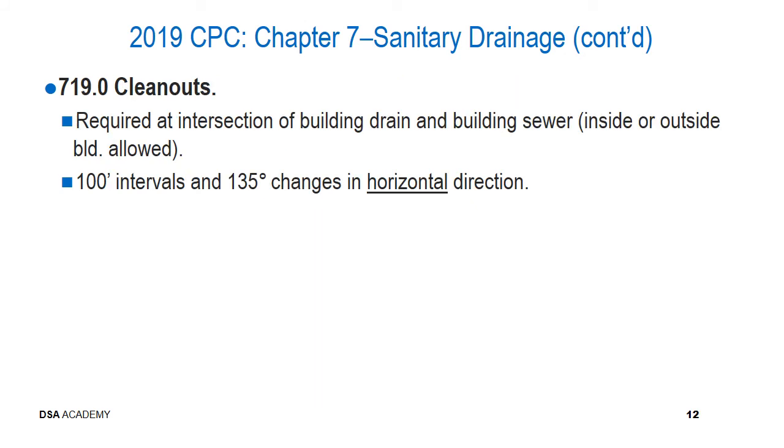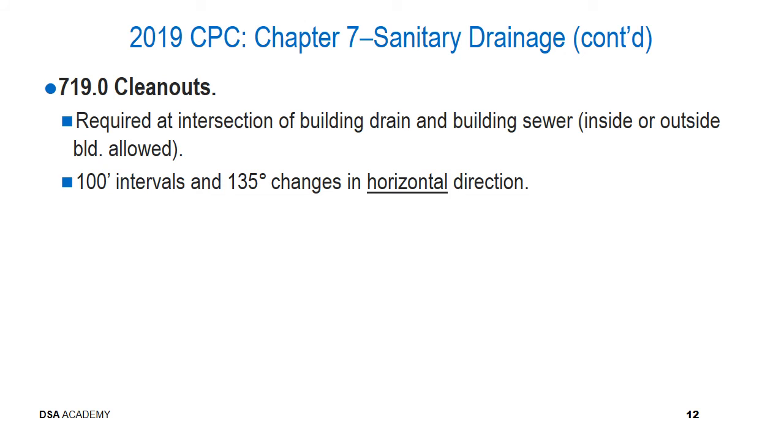Section 719 addresses the requirements for cleanouts in building sewer systems. As a general rule, the intersection between the building drainage and the building sewer piping, which is approximately 2 feet outside the building perimeter, is required to have a cleanout.